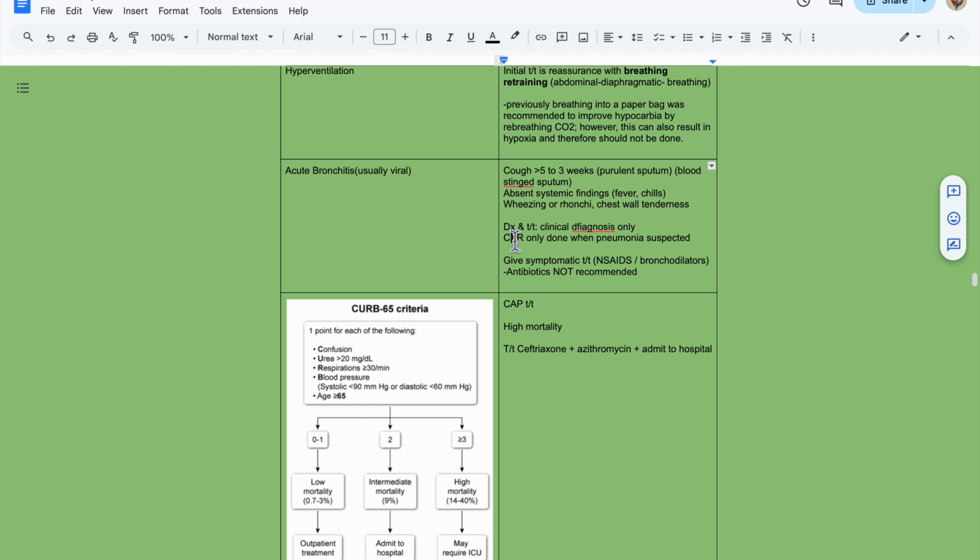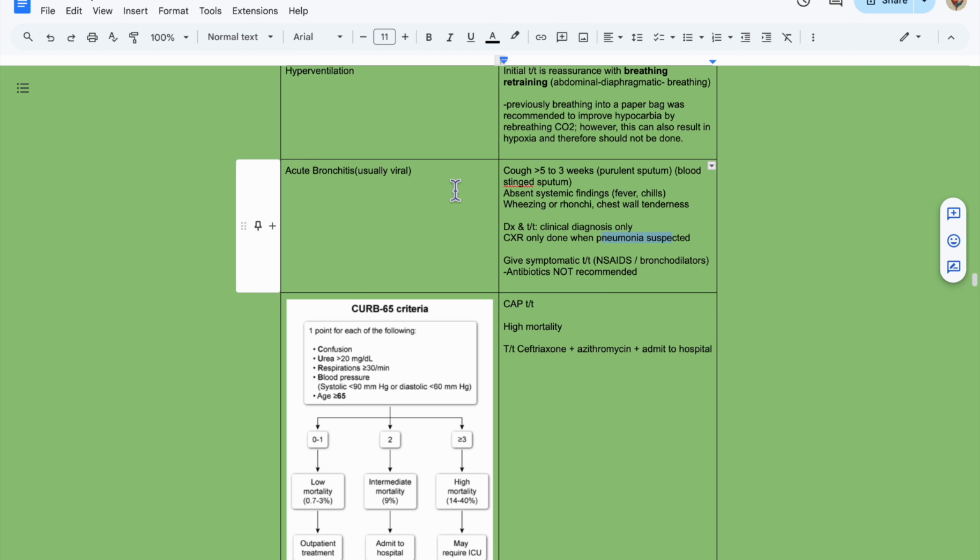Okay. So how do you diagnose and treat it? It's a clinical diagnosis. Chest X-ray is only done when pneumonia is suspected. But if you don't suspect any pneumonia, like there's no crackles, no unilateral rhonchi or something like that, and maybe wheezing, I guess, then you might want to go with this.